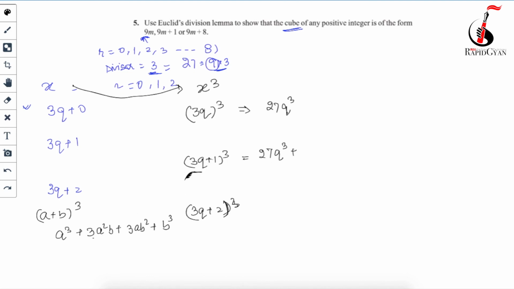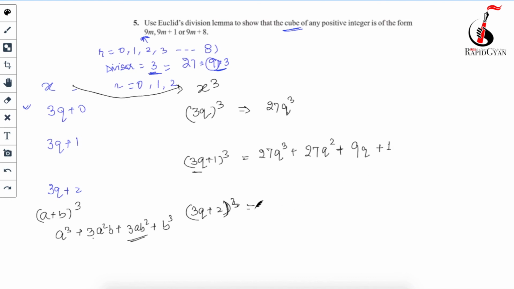A is your 3q, so (3q) square will be 9q square. 9q square multiplied by 3 is 27q square, times b. B is 1, so here I will get 27q square, plus 3ab square, means 3 times 3q is 9q multiplied by 1 square, which is 1. So I will get 9q over here, and the next one will be your 1 cube, which is 1.